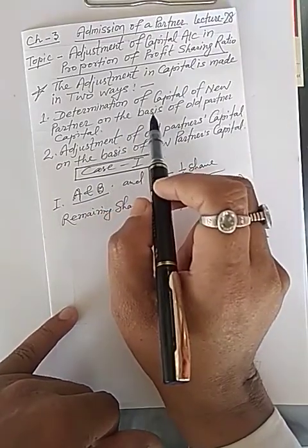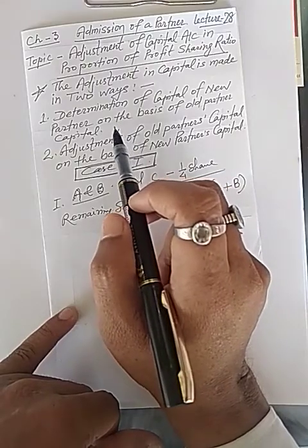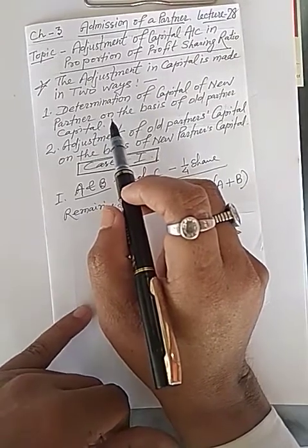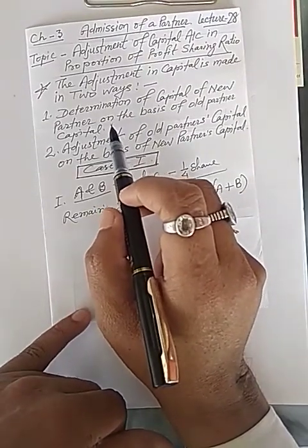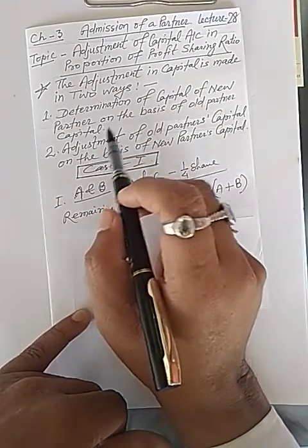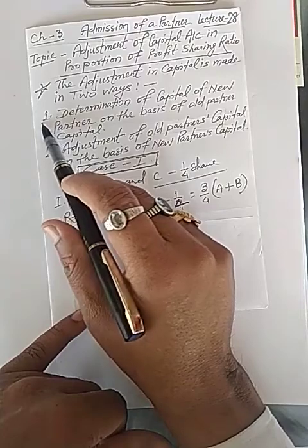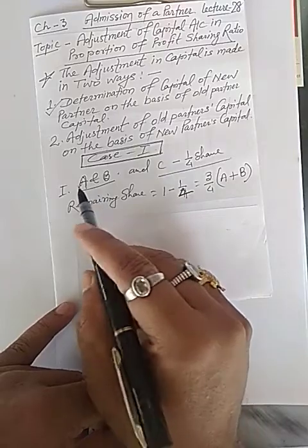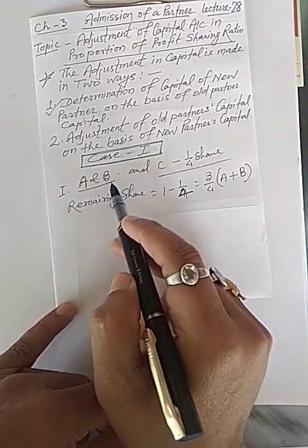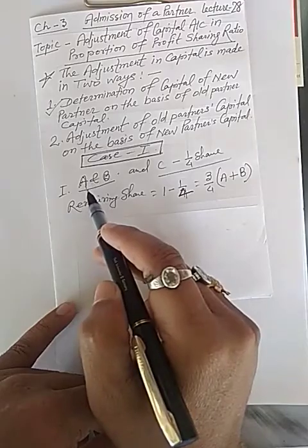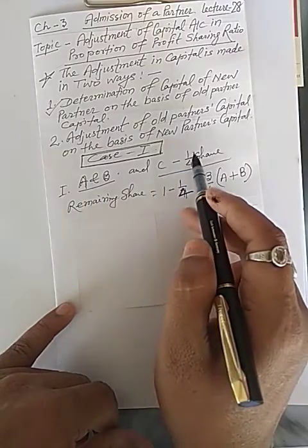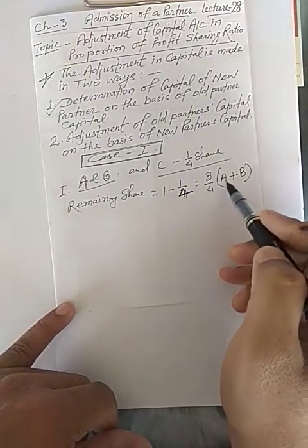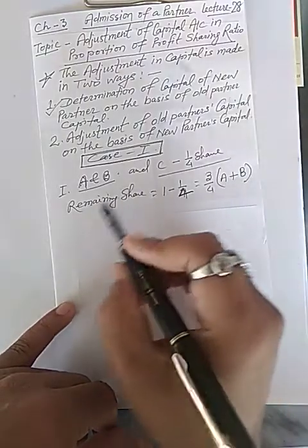In question, when new partner's capital is not given, then I have to calculate new partner capital by first method. So first, suppose first step will be A and B are partner. C is admitted for 1/4 share. Therefore, remaining share of A and B will be 3/4.